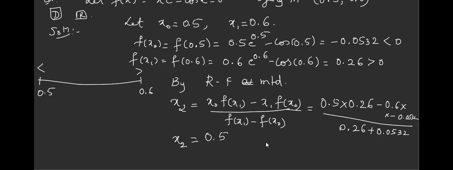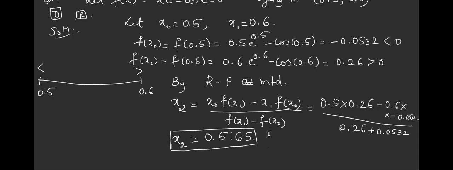No, you are wrong. 0.313 is also wrong. I just now told you, the root lies between 0.5 and 0.6, so the answer should be between them. 0.5165. Yes, see, this is the indication. You should get like this, between 0.5 and 0.6 only.